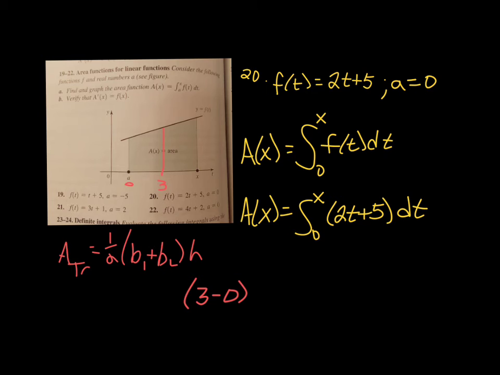Okay, and so then how do we get the bases? So the 1/2, we're going to leave that alone. So how do we get the bases? Well, for our problem, that is f of 0 plus f of 3.